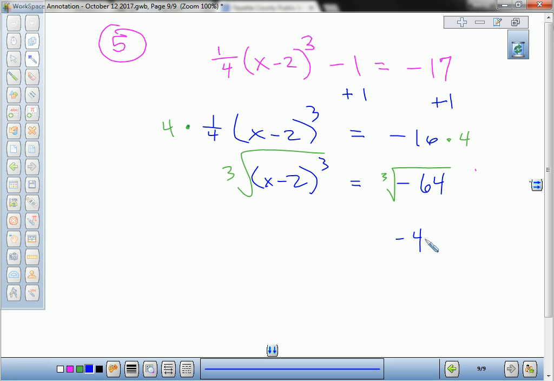So with cubed roots, if you're taking the cubed root of a positive, your answer is positive. But if you're taking the cubed root of a negative, your answer is negative. We don't get imaginaries. You only get imaginaries with those evens. Even roots, square roots. Okay, so this leaves me x minus 2. And so I add 2. And I am done.